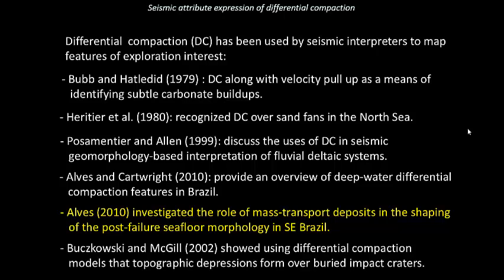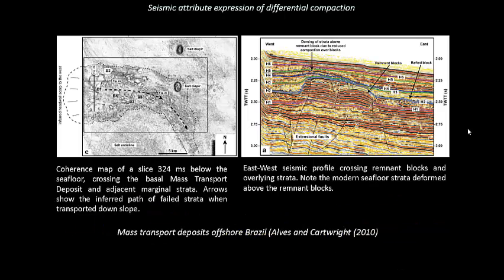Then, there were other references, and one can always pick these up, Posamentier and Allen and Ewels and Cartwright and others. And we can have a look at an example from this reference from Brazil. You see, with the petroleum exploration and production going into deep water depths globally, and also the availability of high quality seismic data sets, the mass transport deposits, they are now recognized as a major component of slope systems and most deep water settings.